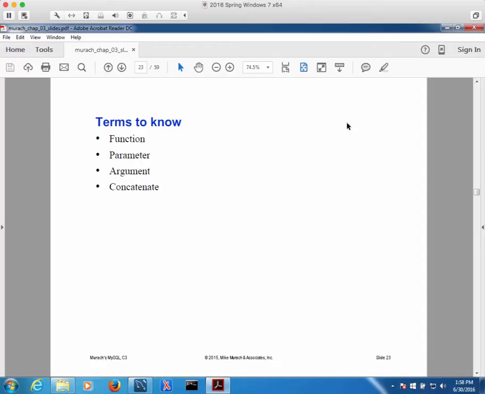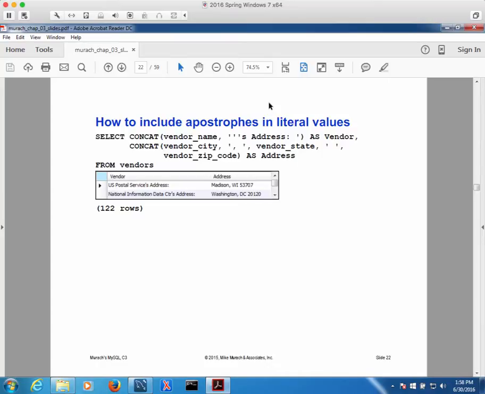An argument is another use for the same thing. In some programming languages, it's called an argument when you use it, and then as the function consumes it, it refers to it as a parameter. But you more or less can use the terms argument and parameter to mean the same thing.